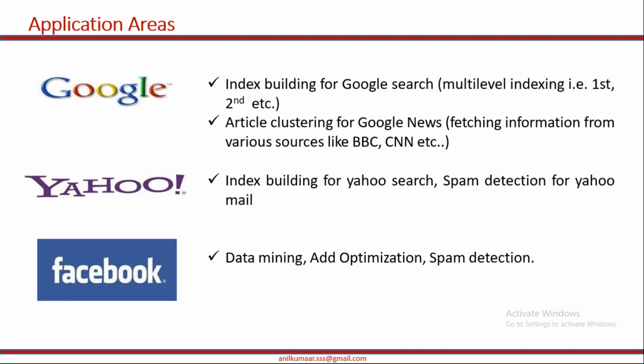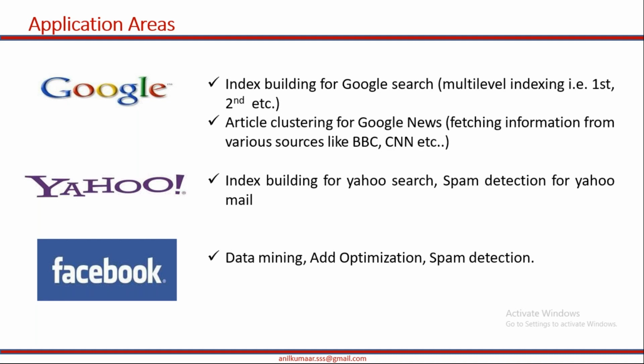Similarly, Yahoo is also doing the same thing. Apart from that, it's using the same model for spam detection also. For example, we generally receive some mails, like you won some UK lottery for 1 million euros and you have to deposit 1,000 euros initially to receive those 1 million euros. You receive that mail in your inbox and you mark it as spam because it's a suspicious mail. It cannot happen.